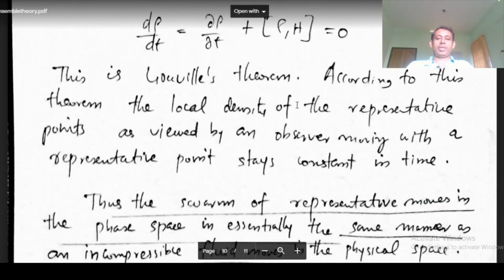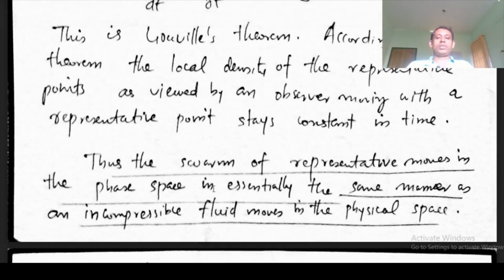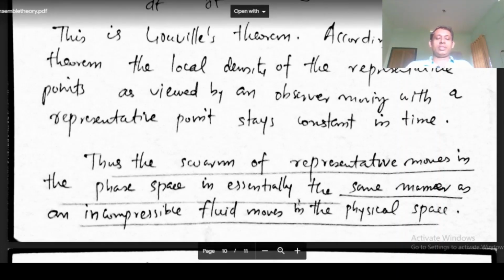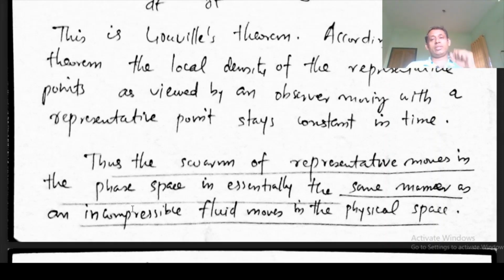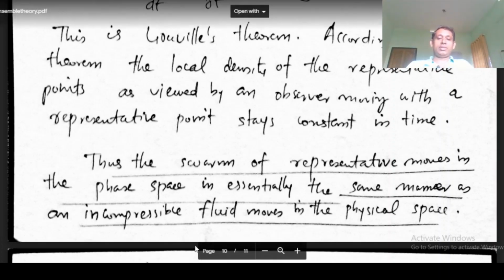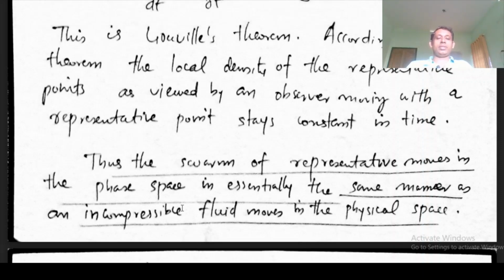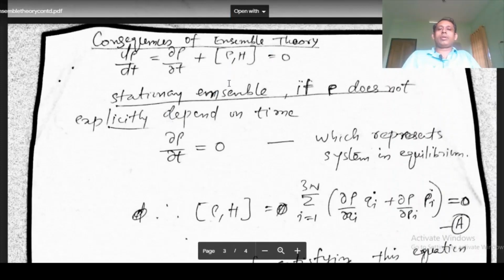The representative points move in phase space the same manner as an incompressible fluid. A fluid, if it is incompressible, what that means is its density cannot change. So it flows as an incompressible fluid.